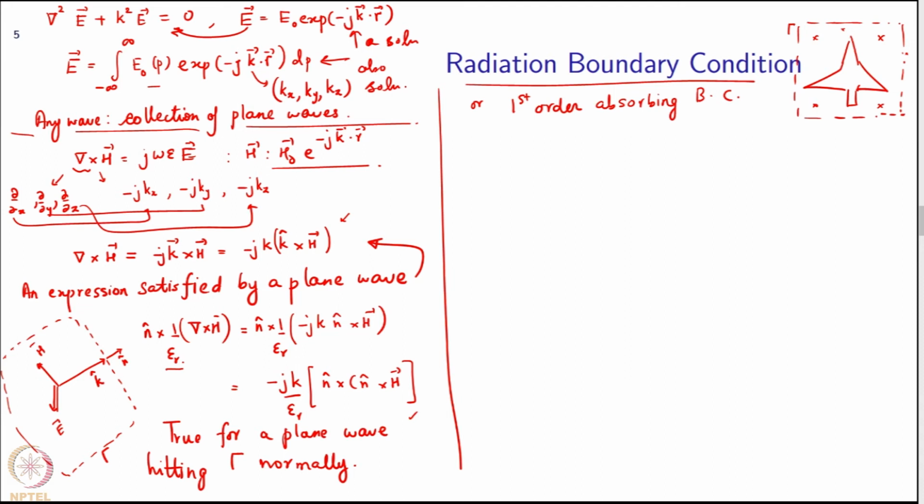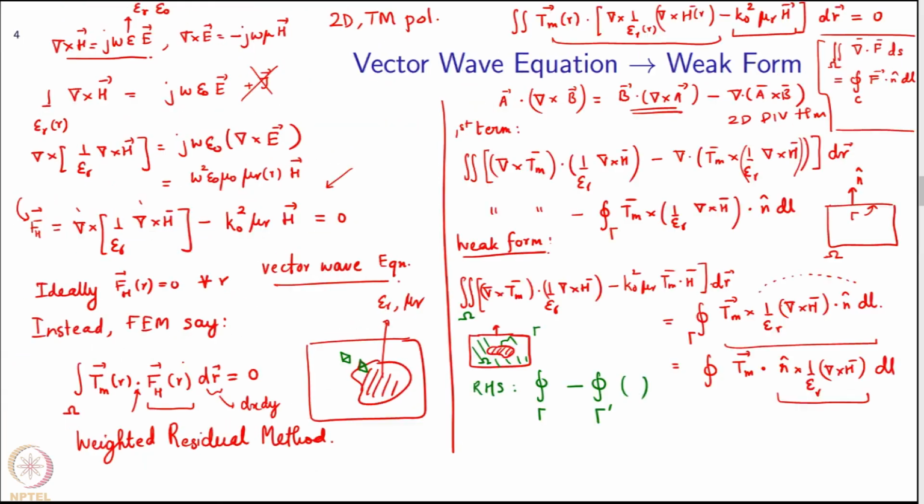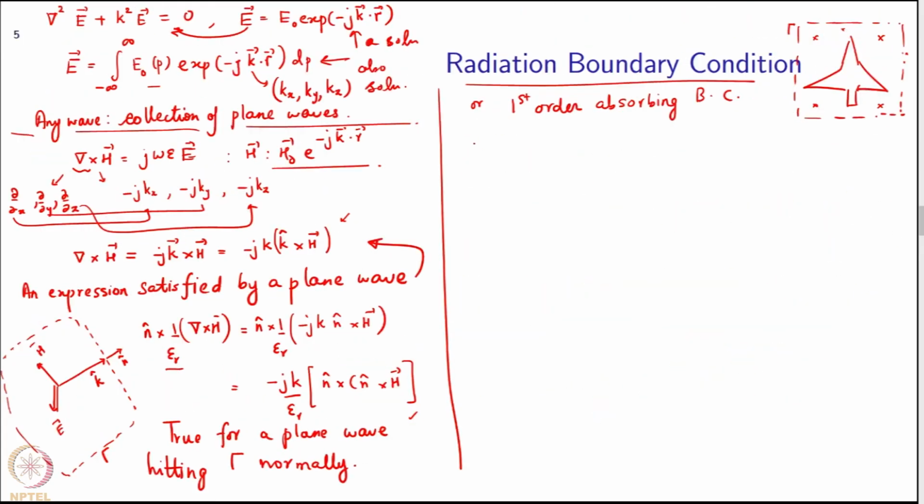So the big leap of faith is that everywhere in the right hand side, in the weak form, this expression is going to be replaced. What did I have earlier? I had Tm dot n hat 1 by epsilon r curl of h dl.